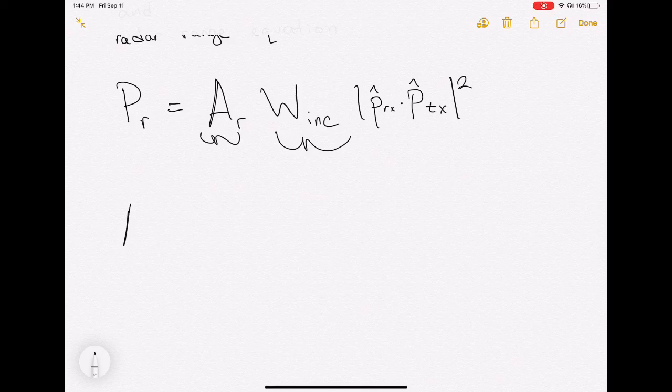That effective aperture of the receive antenna includes a bunch of important stuff. It's got the receive antenna radiation efficiency. It's got the receive antenna directivity at the angle from which the incident wave is coming.